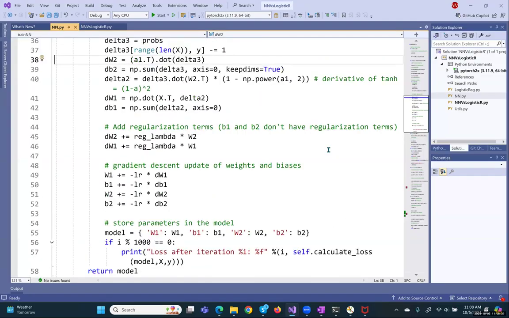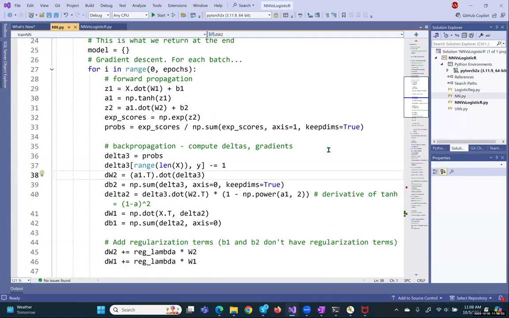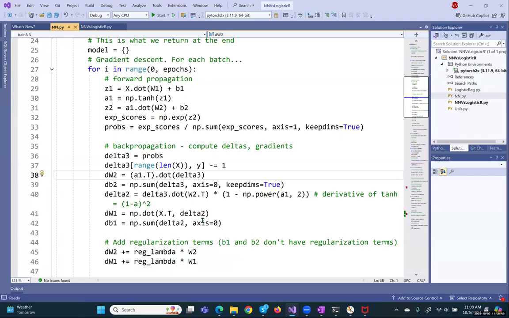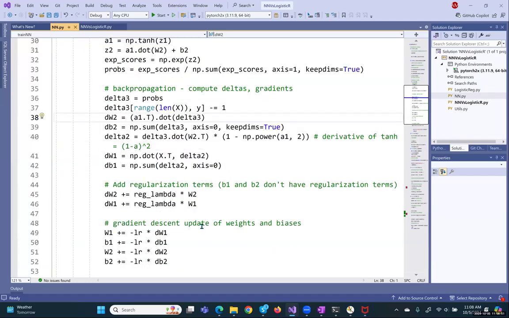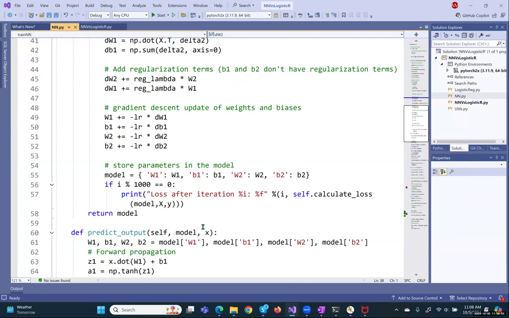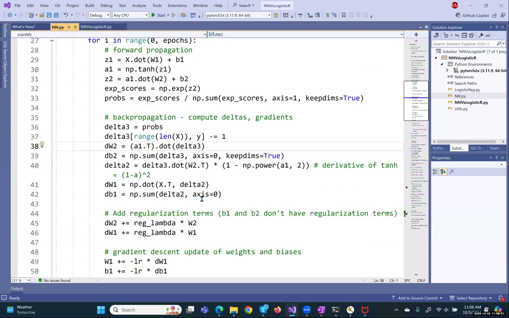Maybe it was in another example. Yeah, maybe it was a different example.